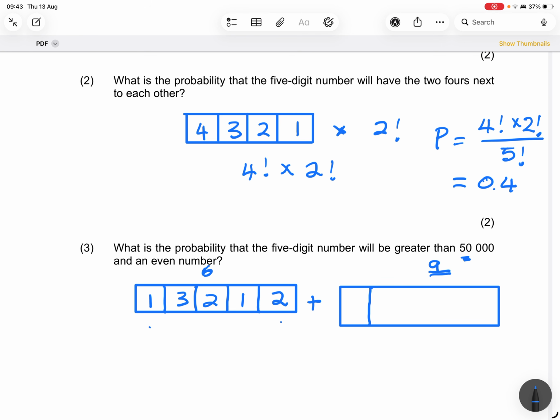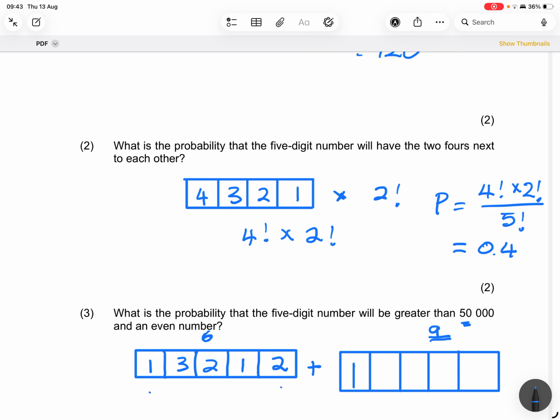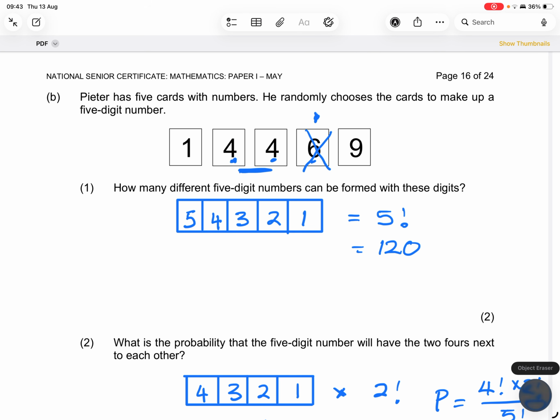So if I use the 9, I've got the 9 over here, so it's only 1 9, right? I want you to note, if I used the 9, how many even numbers can I choose from?